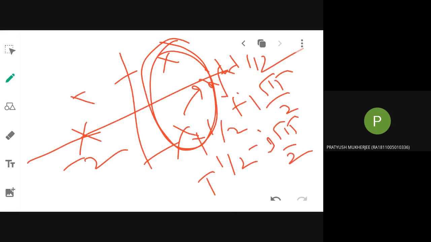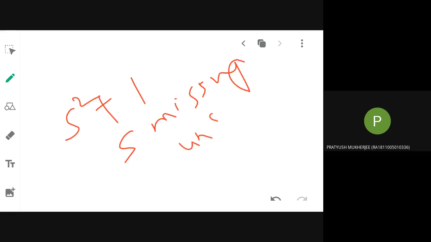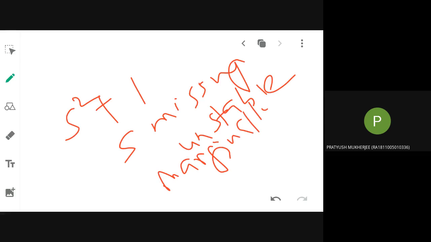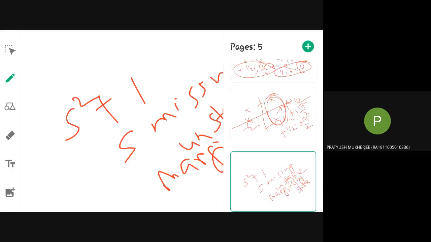Alright, second case: suppose you have one term missing, here the s term is missing. In that case, you will infer the system is unstable or marginally stable. This is the second case. The last case is suppose you have minus 2s plus 1, a negative coefficient, so the system will be unstable only.